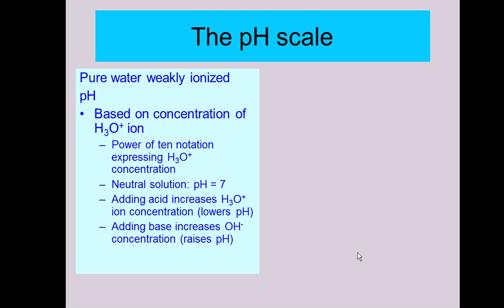Now the strength of an acid or base is usually expressed in terms of a range of values called the pH scale. If you have to tell somebody this is an acid, and you have two or three acids, how are you going to say which acid is strong or which is weak?